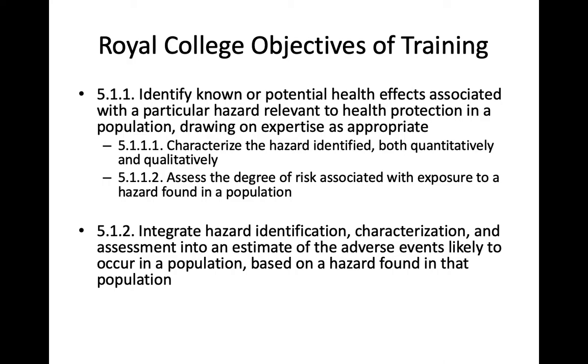And the next subcategory is assess the degree of risk associated with exposure to a hazard found in a population. And then the next category is also integrate hazard identification, characterization, and assessment into an estimate of the adverse events likely to occur in a population based on a hazard found in that population.